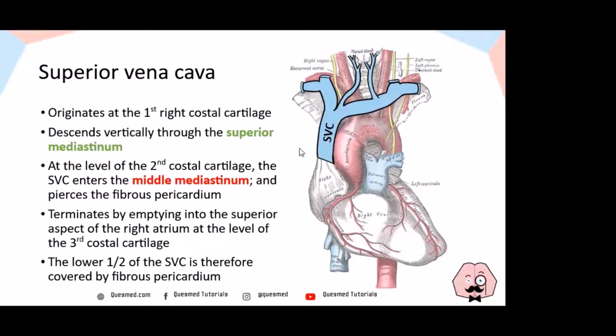And once it's in the middle mediastinum, it also pierces through the pericardium. So part of it is within the pericardium, sorry, I should say. And it terminates at your right atrium, and it basically returns all the blood from your head and your arms.